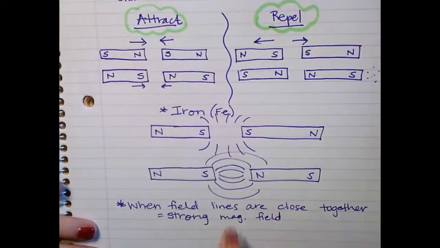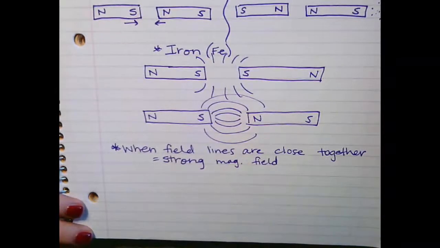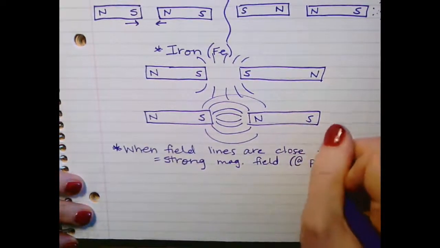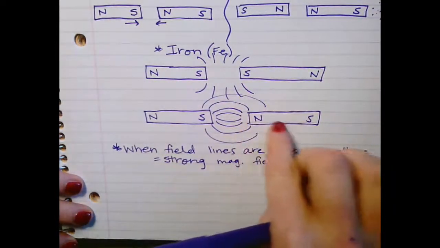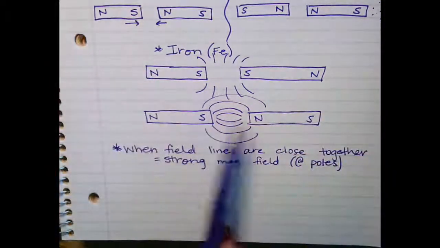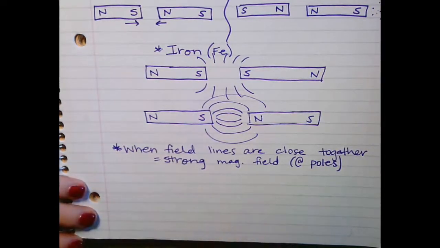And again, I'm going to use some abbreviations like we do in class in our Jones notes. So when they're closer together. Now, that usually happens at the poles because the poles are much stronger than the side of a magnet. So when you put two magnets together, the ends are obviously going to be the strongest part. If you have them where the field lines are further apart, it's obviously weaker.